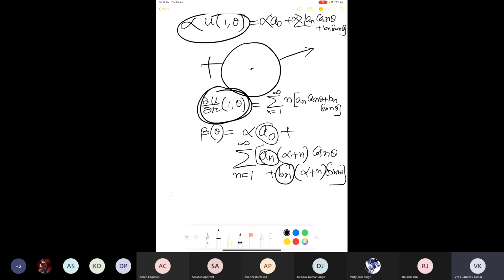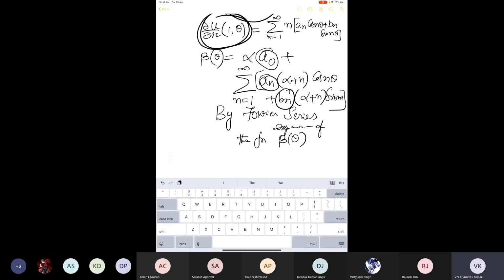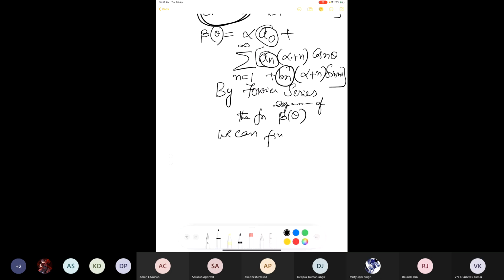So we can find them by the Fourier series expansion of the function beta(theta). We can find a naught, ans and bns.